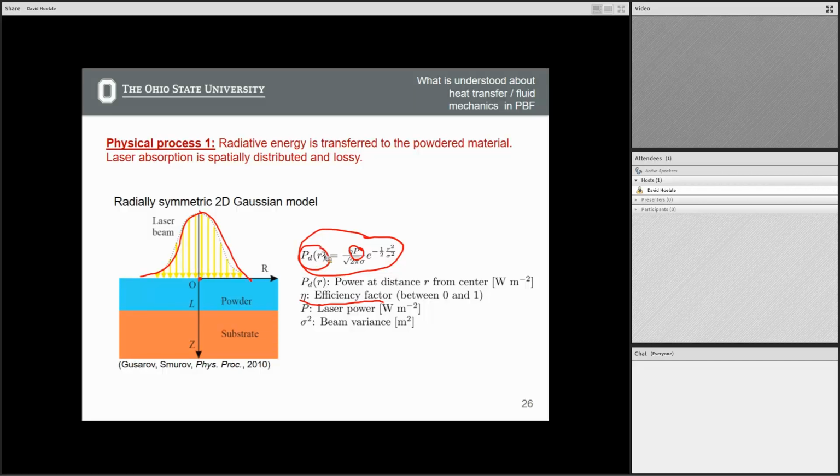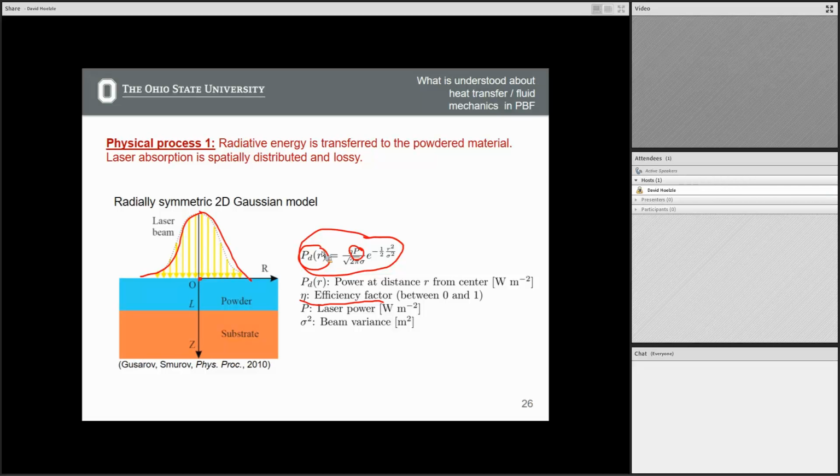If you look through the literature in additive manufacturing, you'll find a few, I don't know, maybe a handful, 5 or 6 different models. Everyone thinks they have the best model for a laser power distribution, but the vast majority of people who model this use this distribution as something that's fairly simple that captures the fundamental physics of laser energy impinging on a surface.